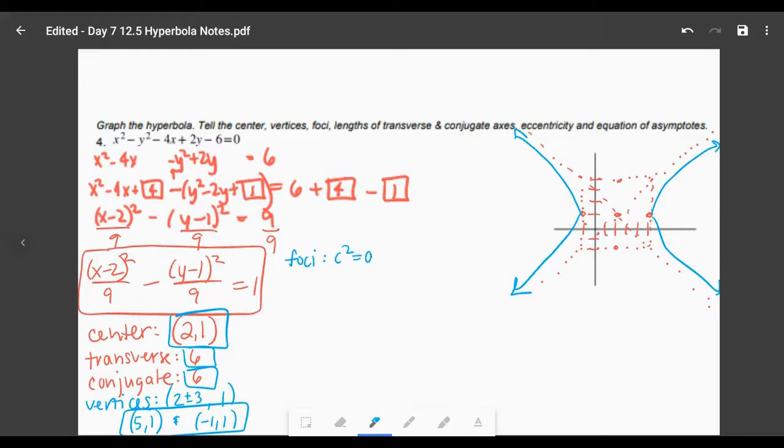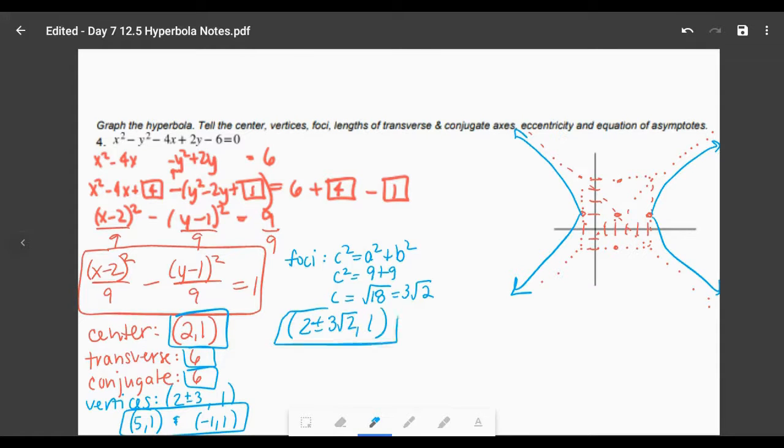Moving on, we are going to look at the focal points, and the foci rely on knowing what C is. So C squared equals A squared plus B squared, which is 9 plus 9. So C squared equals 18, and C equals root 18. But that simplifies to 3 root 2. We now need to add 3 root 2 to our center point. So it's 2 plus or minus 3 root 2, 1.